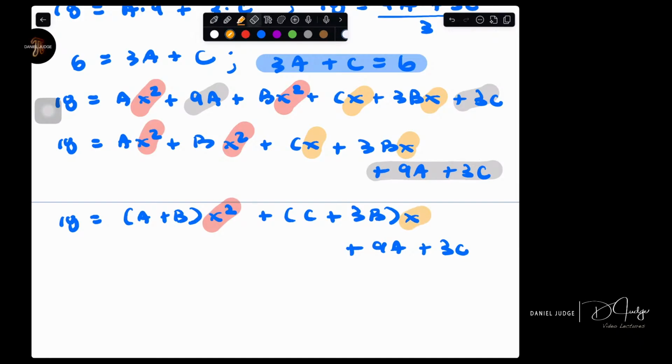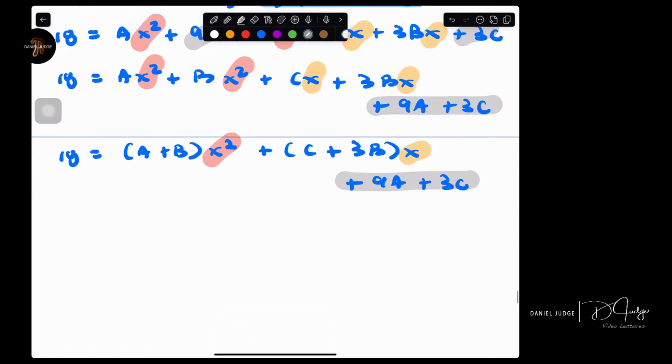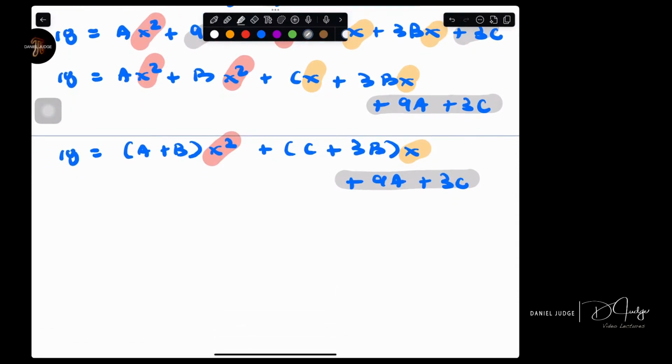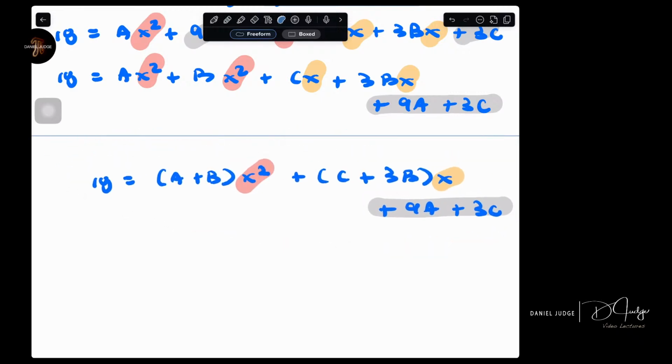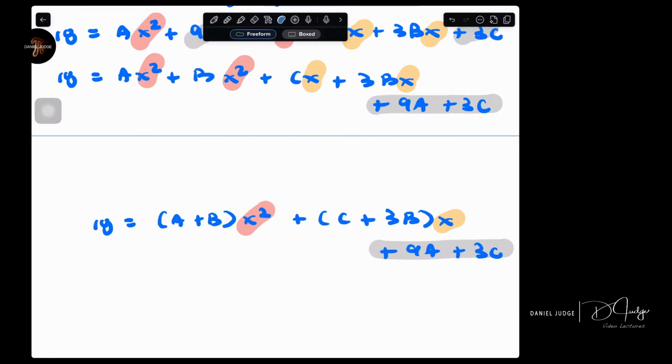Okay. What am I really looking at? What does this mean? You have an equation. And so I can write my 18 on the left this way.